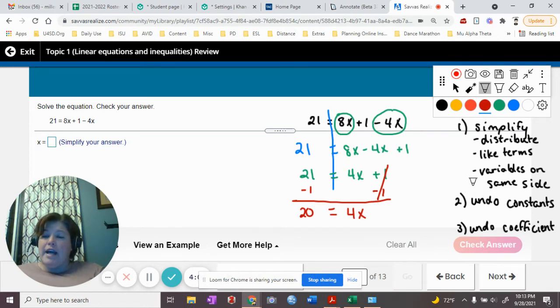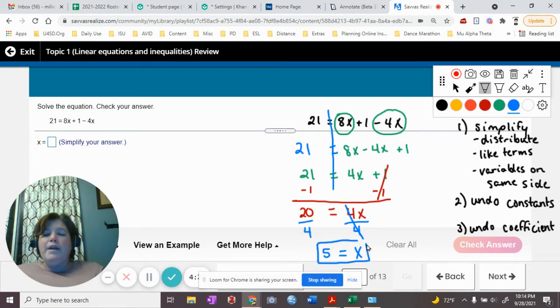So we undid the constants. Now we are going to undo my coefficient. 4 is my coefficient because it is in front of the x. So now I'm going to divide both sides by 4. So we get x equals 20 divided by 4, which is 5.